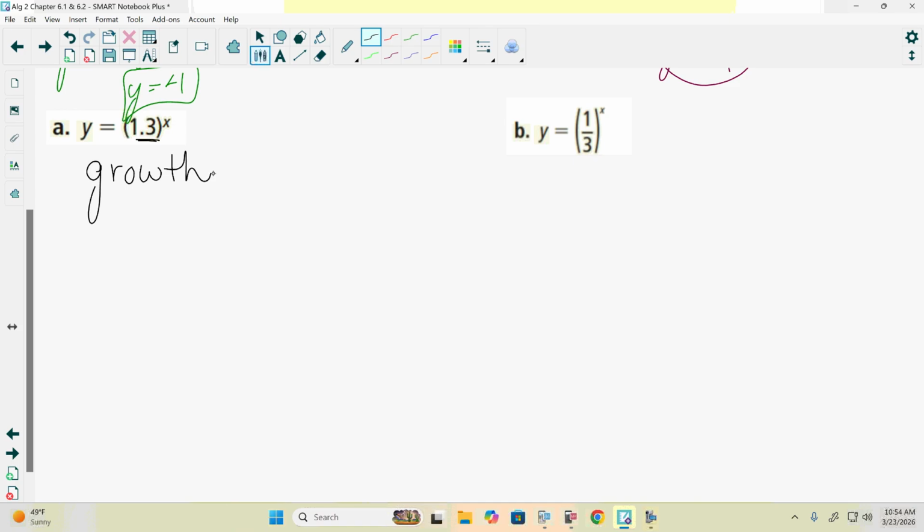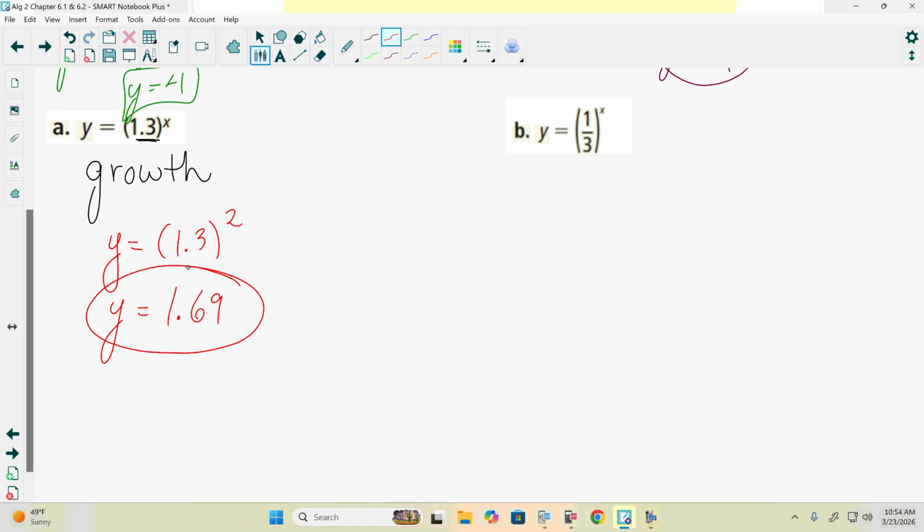If it's greater than 1, it's growth. Questions on this here?